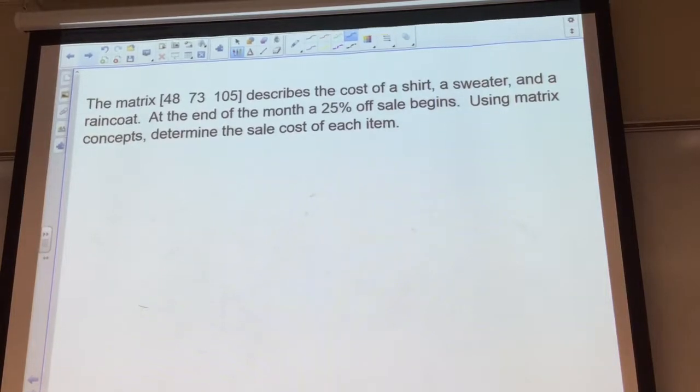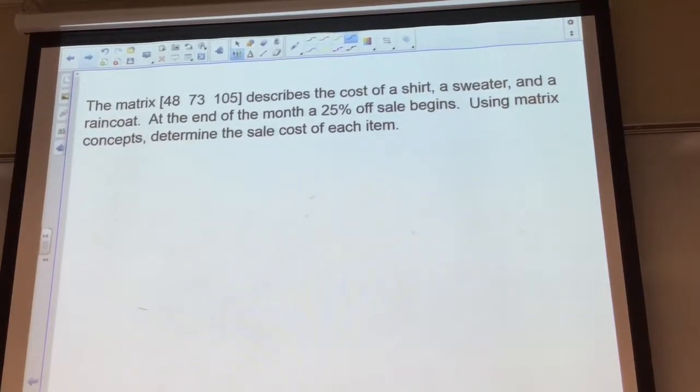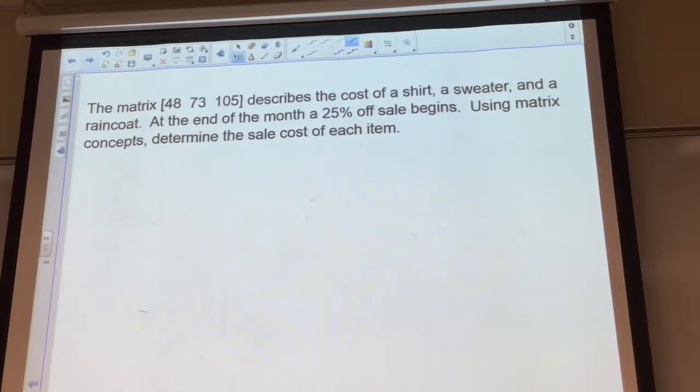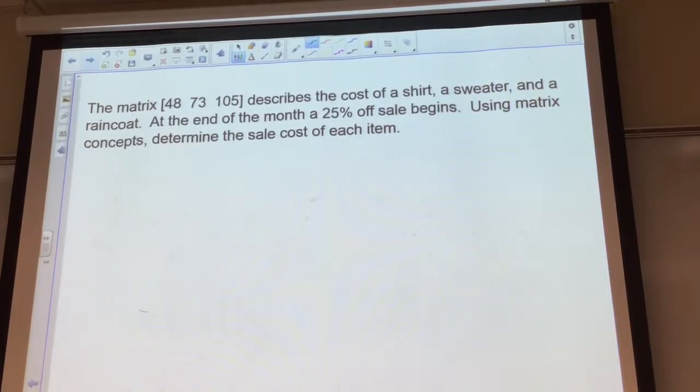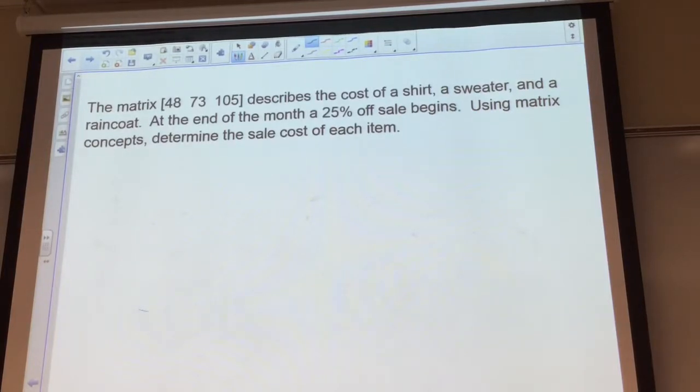Now, if you want partial credit for this, you can do exactly what we say. Use matrix methods. So, how are you going to approach the problem? X plus 48x plus 73y.